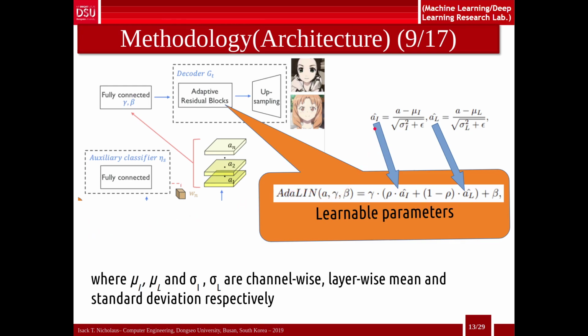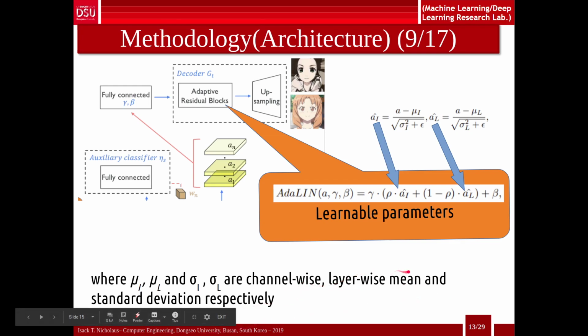These two attention feature maps are normalized by using the mean and the standard deviation. These two means and these two standard deviations are the channel-wise and layer-wise mean and standard deviation respectively.